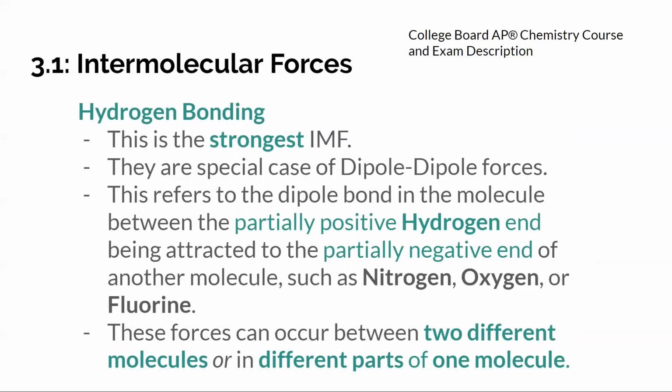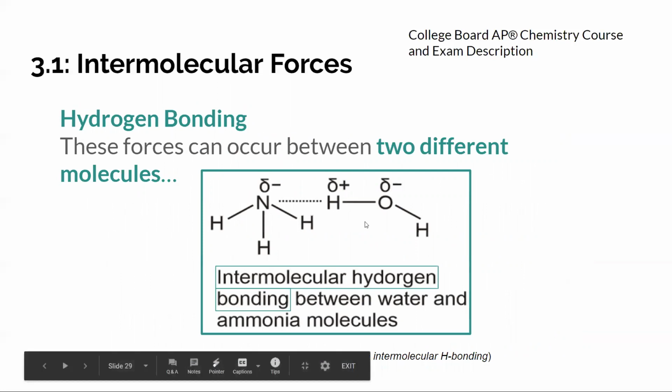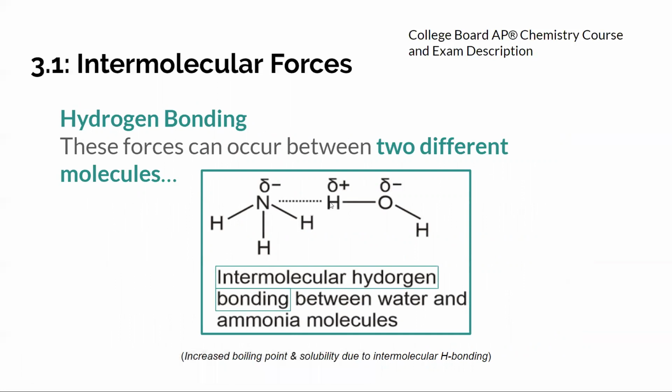And I'll give you some examples. First, these forces can occur between two different molecules. So this is ammonia and this is water. The partially positive end of the hydrogen is being attracted to the partially negative end of this nitrogen, and that creates a hydrogen bond. This is one of the NOFs.